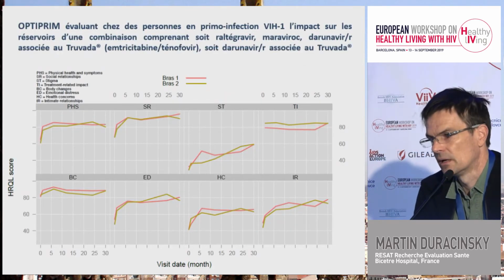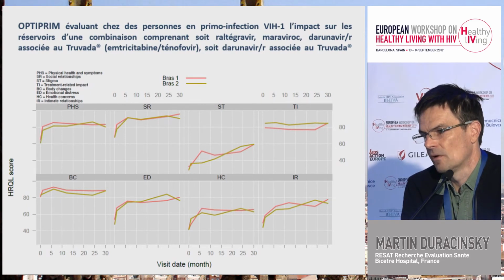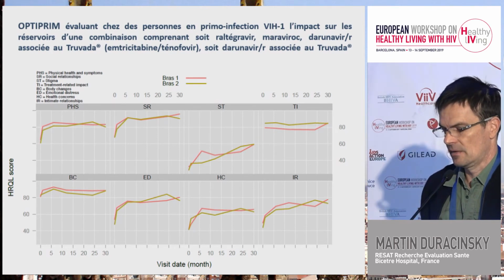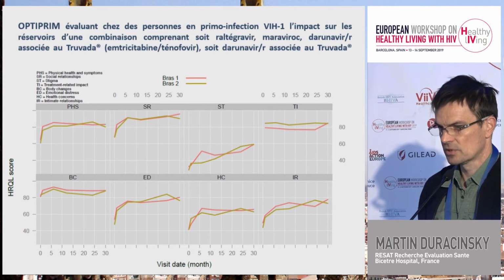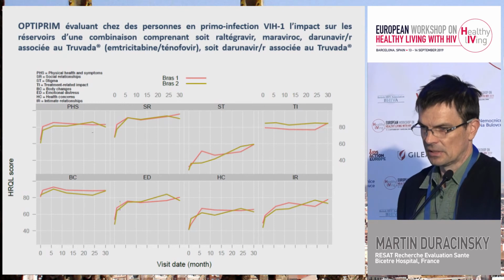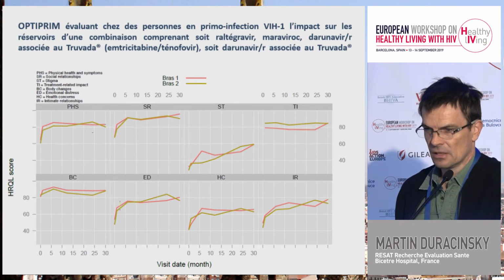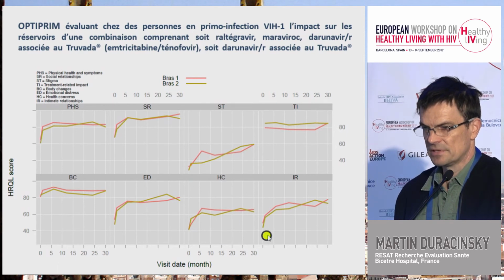This is another example of a study that we made, Optiprim, that was pentatherapy versus tritherapy with patients in primo infection. And what was interesting to see was that quality of life improved from the baseline when patients discovered it, in almost all dimensions, but in some dimensions the scores still stay rather low, like stigma and health concern, while physical problems are not such a big problem, and body changes today.